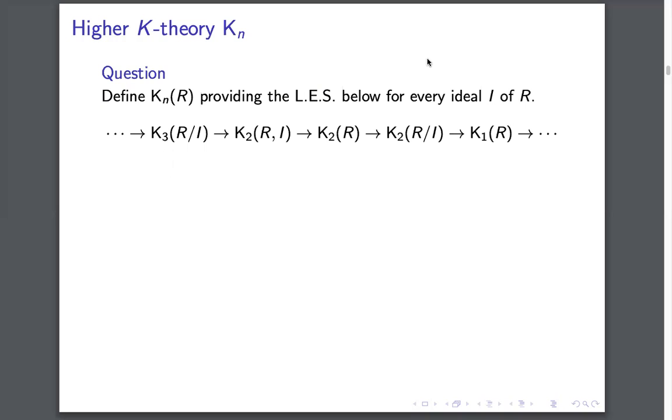And one thing you would want it to do, if you have an ideal of your ring R, is to have these relative K-theory groups defined, which fit into a long exact sequence of this form. So you would want such properties to be satisfied by your higher algebraic K-theory groups.